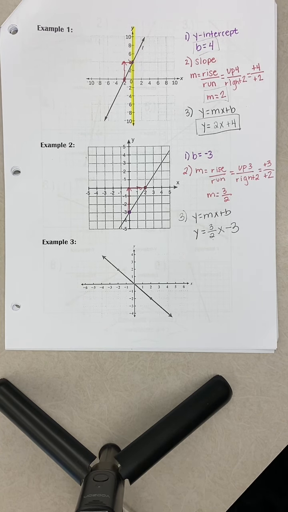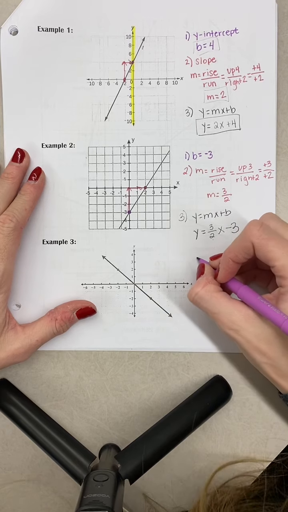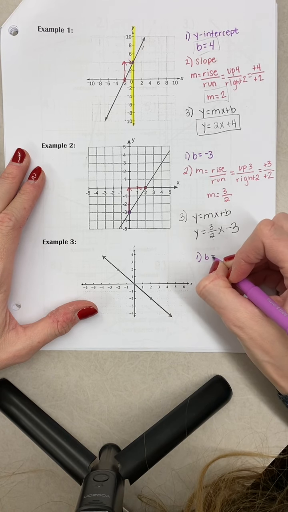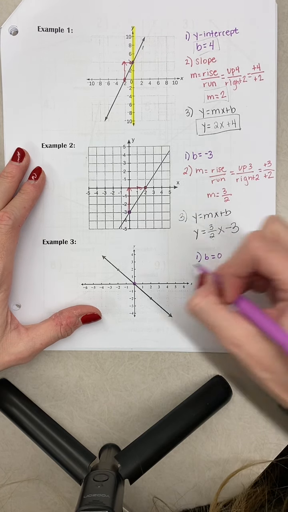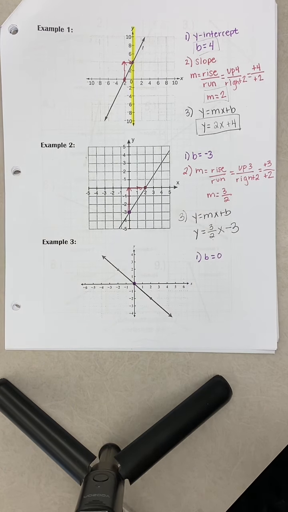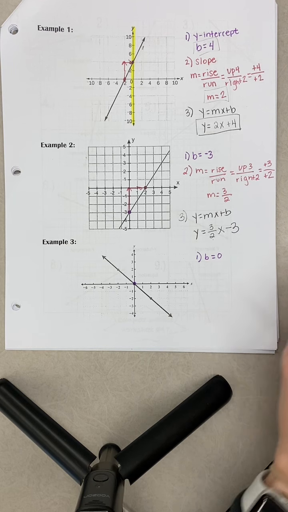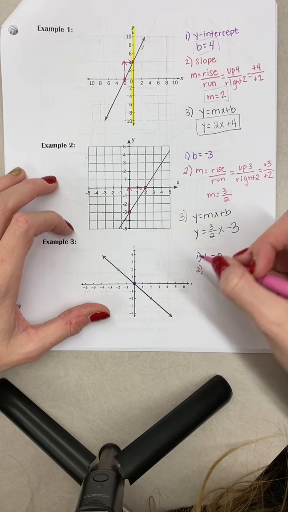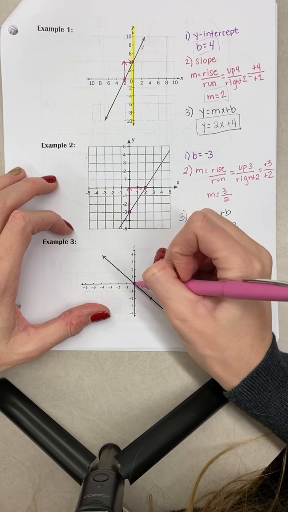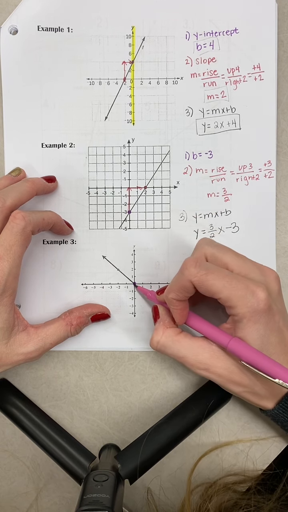Then we did the same steps for example 3. First thing I did was I found my y-intercept, which here was at 0. Then I found my slope. So I figured out, how do I go from here to here?